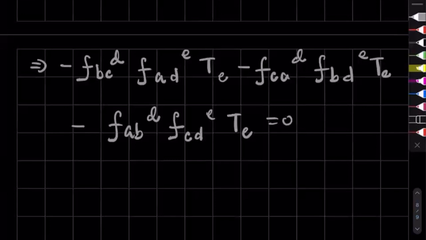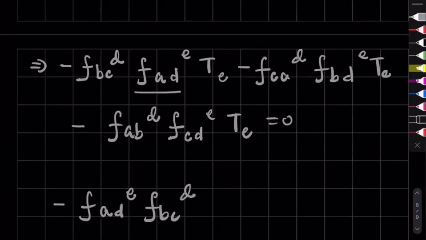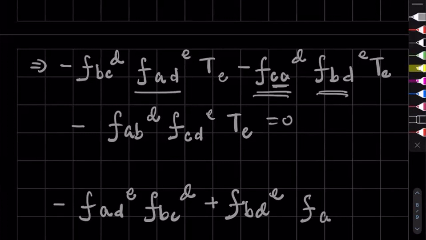So this means that we can write this thing as minus f_ADE f_BCD, and then minus, let's write this one first, f_BDE and this one f. But when I write this, let me just exchange these two indices and change the sign here. So I get ACD.